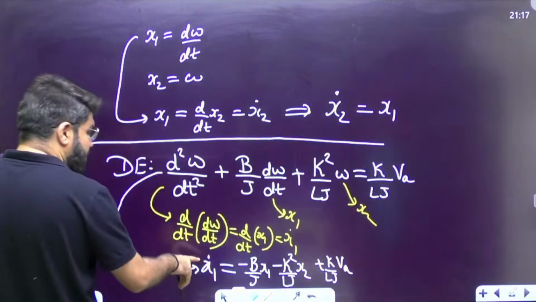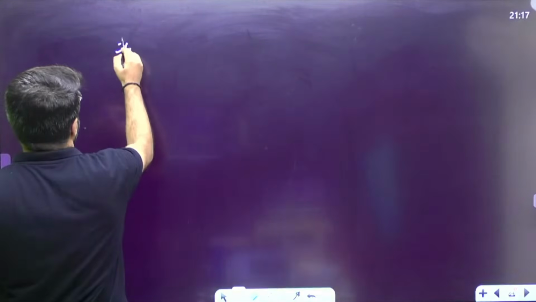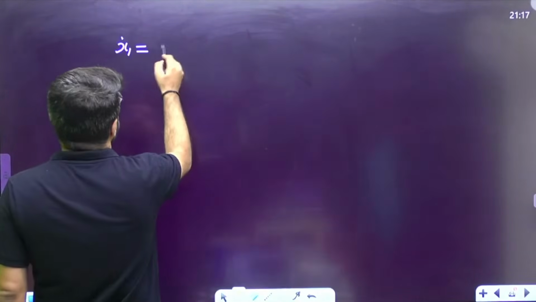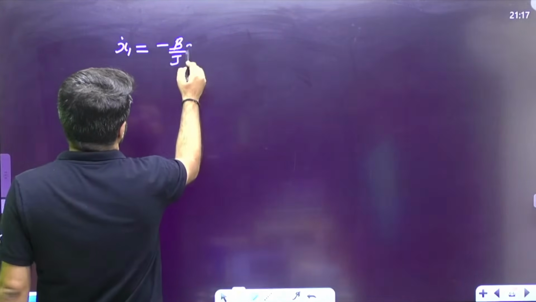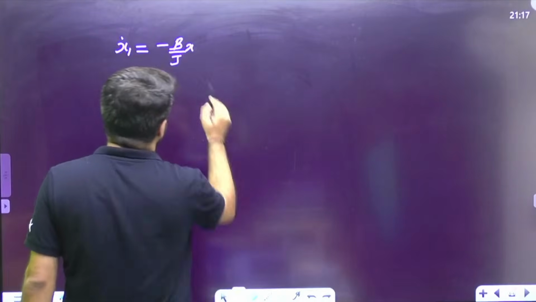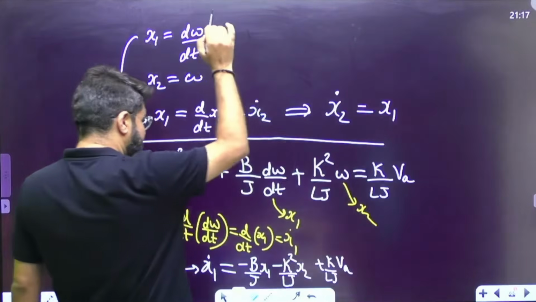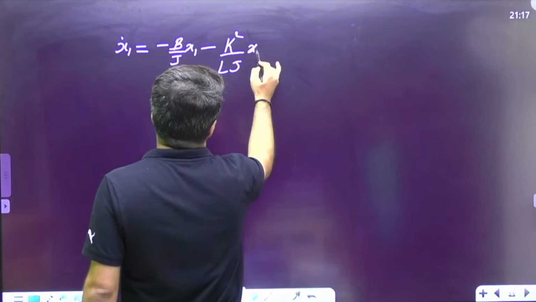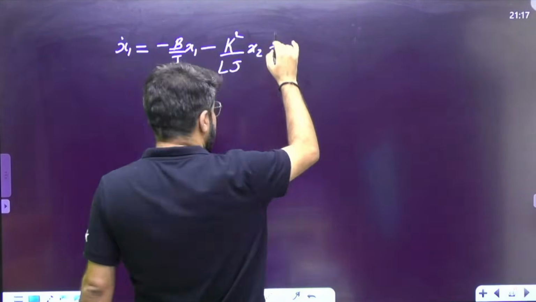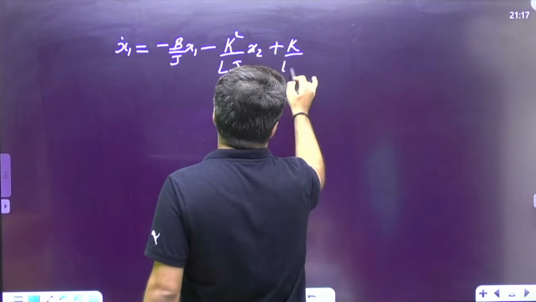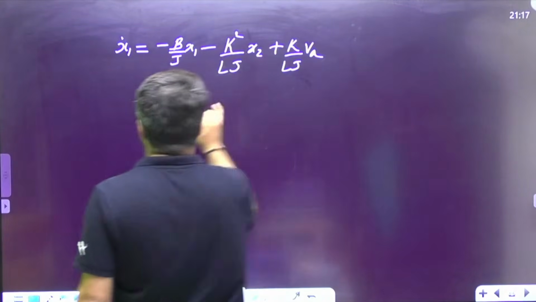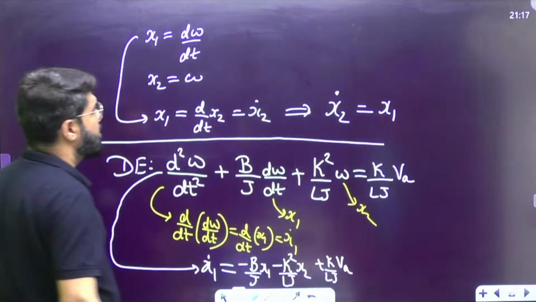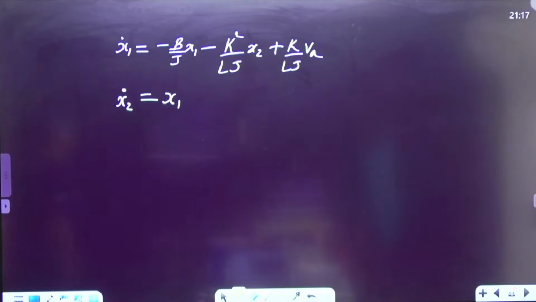Now I am writing both of these together in front of you. x1 dot is minus b by j x1 minus k square by lj x2 plus k by lj Va, and x2 dot is equal to x1.